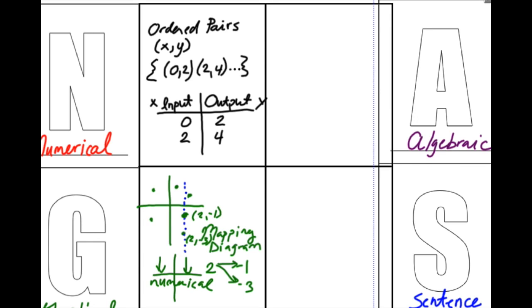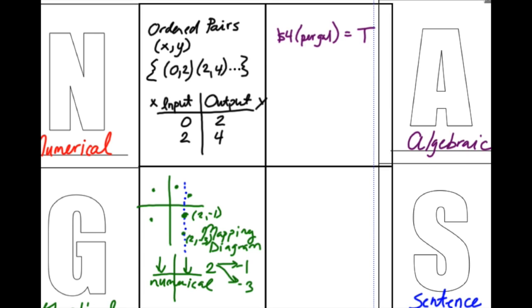So for example, if I knew that milk was $4 a gallon, and I wanted to know how much the total price of milk would be, I can write out an algebraic expression because $4 per gallon would mean $4 times 1 gallon would be the cost of 1 gallon of milk, $4 times 2 would be the cost of 2 gallons of milk, right? Equals the total price of the milk.